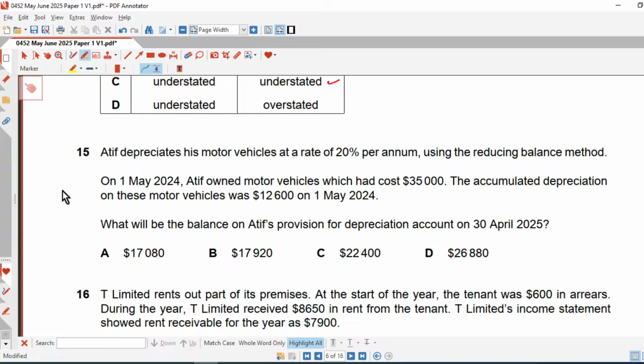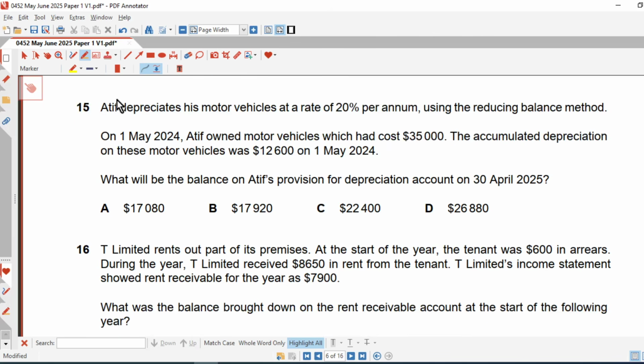Now for question 15. Atif depreciates his motor vehicles at a rate of 20% per annum using the reducing balance method. On 1st of May 2024, Atif owned motor vehicles which had cost $35,000.